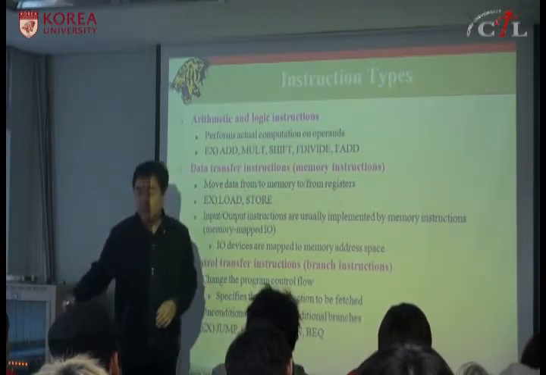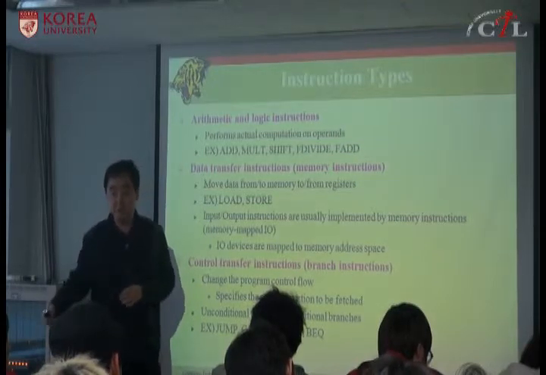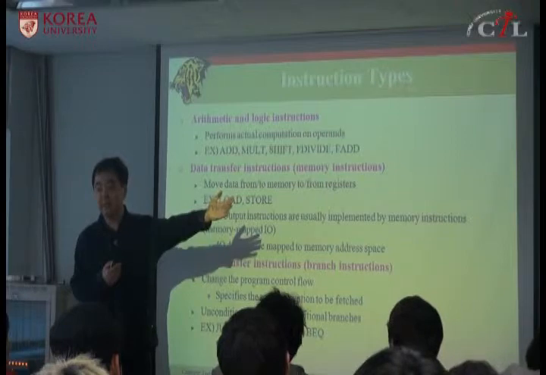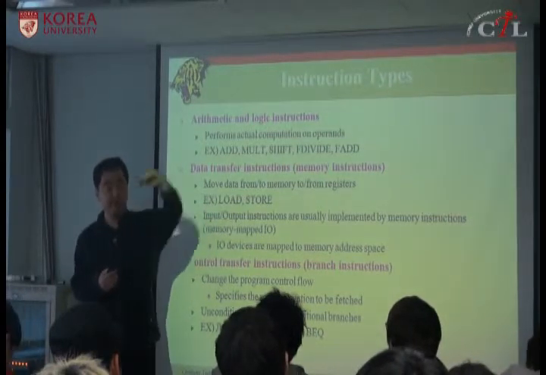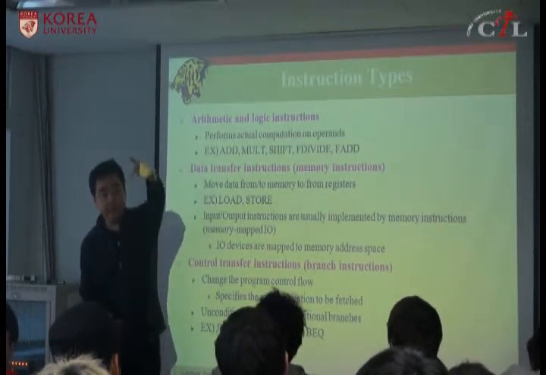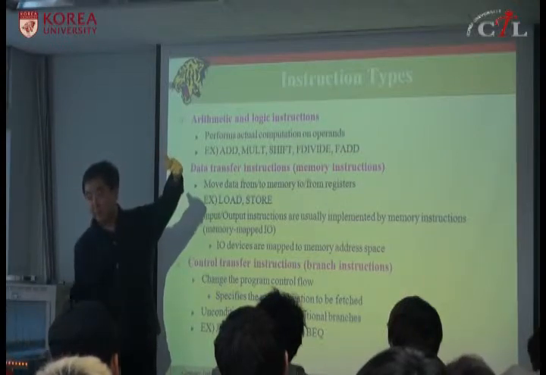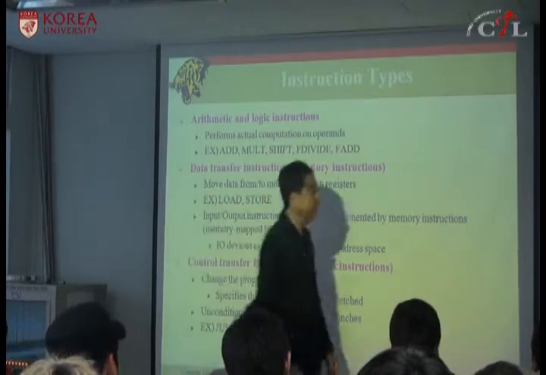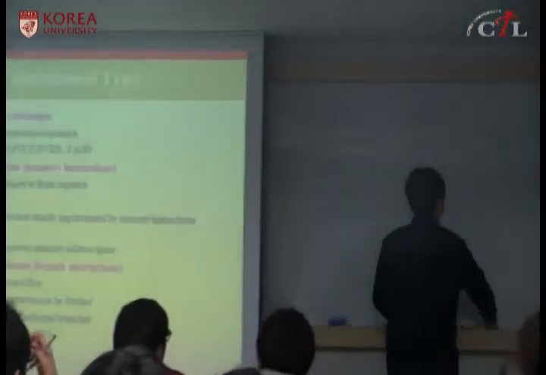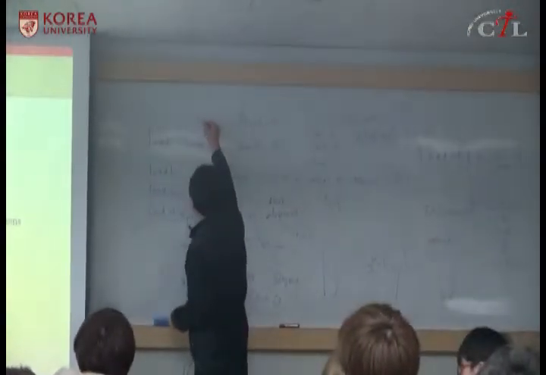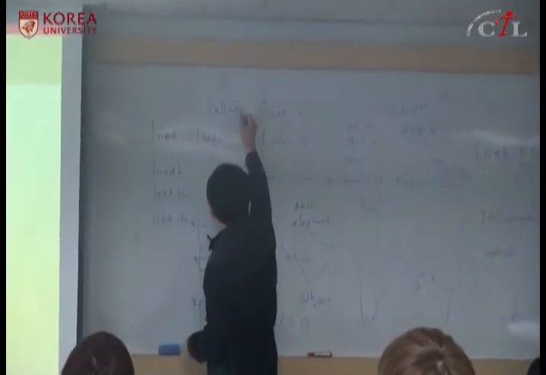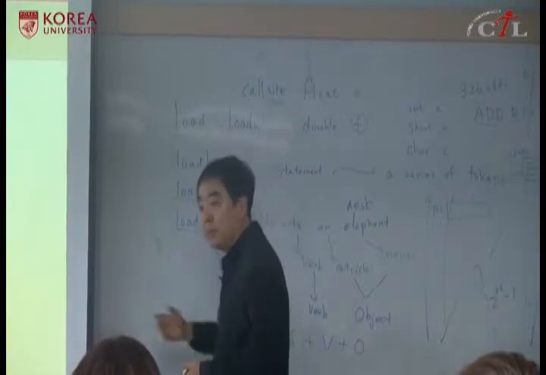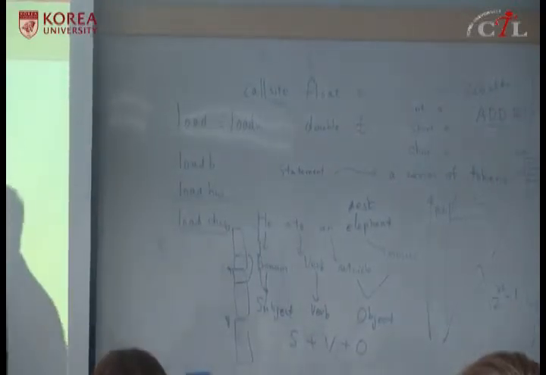Return is also unconditional. You go back to the call site. You can call function A from different locations, from here, from here. These are called call sites. A site is a location, right? So you are going back to the call site.